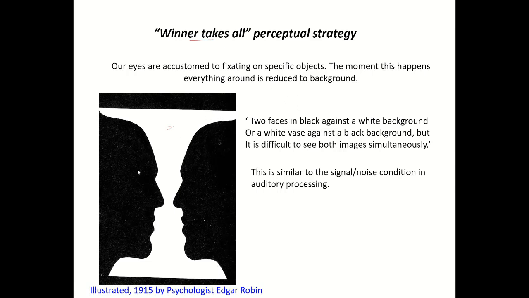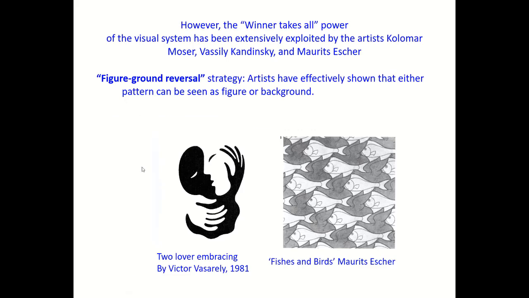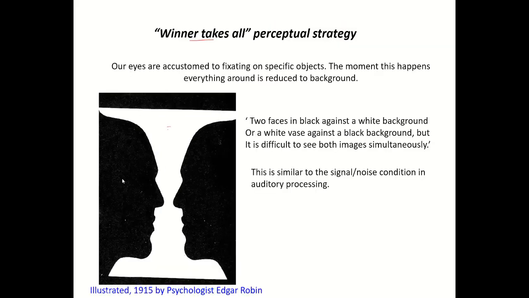Other people will say that they see two faces. You can see both, but if you pay attention to this one, these two become background. If you pay attention to the faces, then this part becomes background.